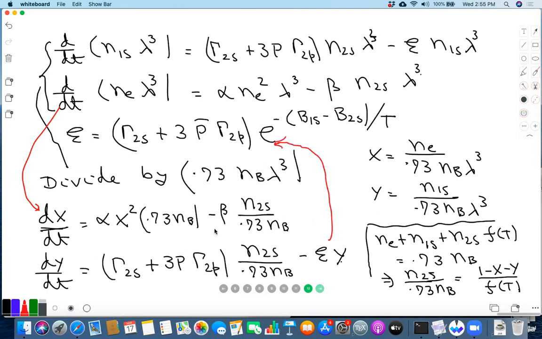The only things that we have not calculated are P bar and P. Everything else is of course known. N_B is a known number. Let me remind you that N_B you will calculate as N_B naught, that's today's density, times lambda to the minus 3, or equivalently N_B naught times (T over T naught) cubed.